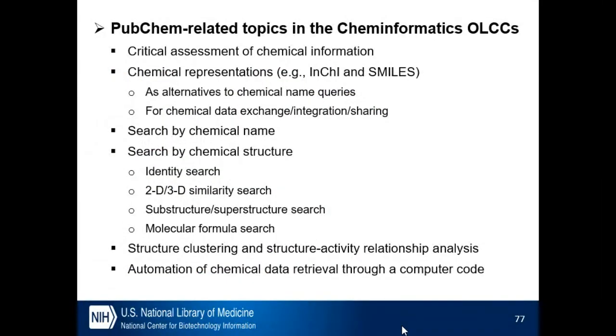Here is a quick summary of PubChem-related topics covered in the Cheminformatics OLCC that includes chemical information literacy and line notations like SMILES and InChI, and search by chemical name, search by chemical structure, and structure clustering, and structure activity relationship analysis, and programmatic access.